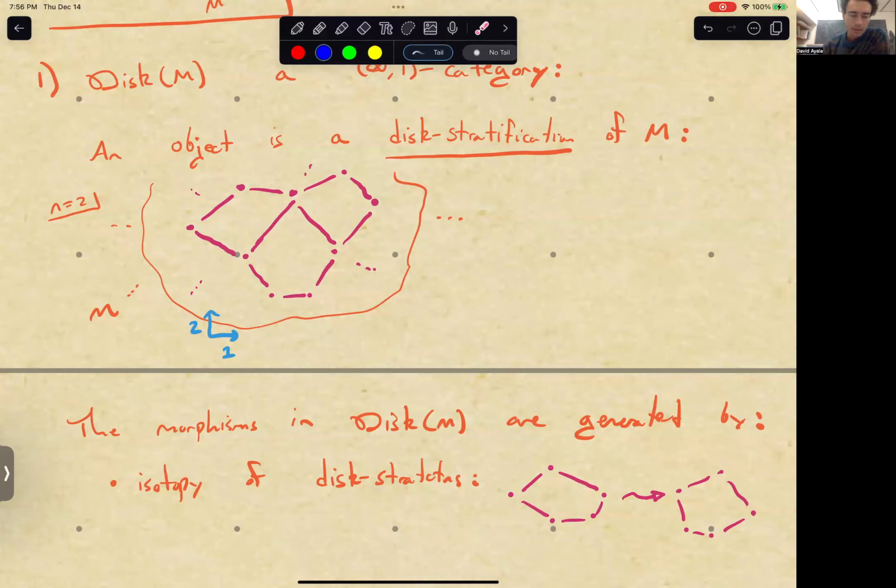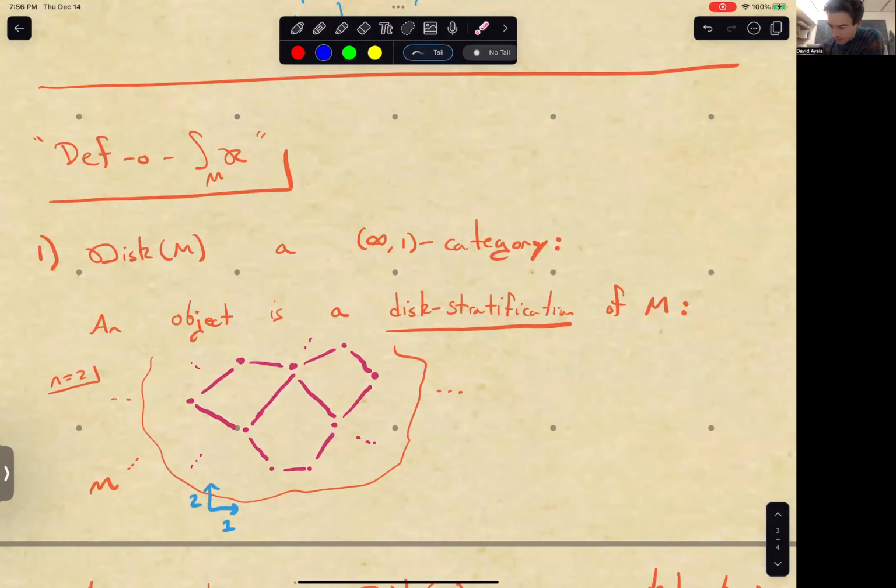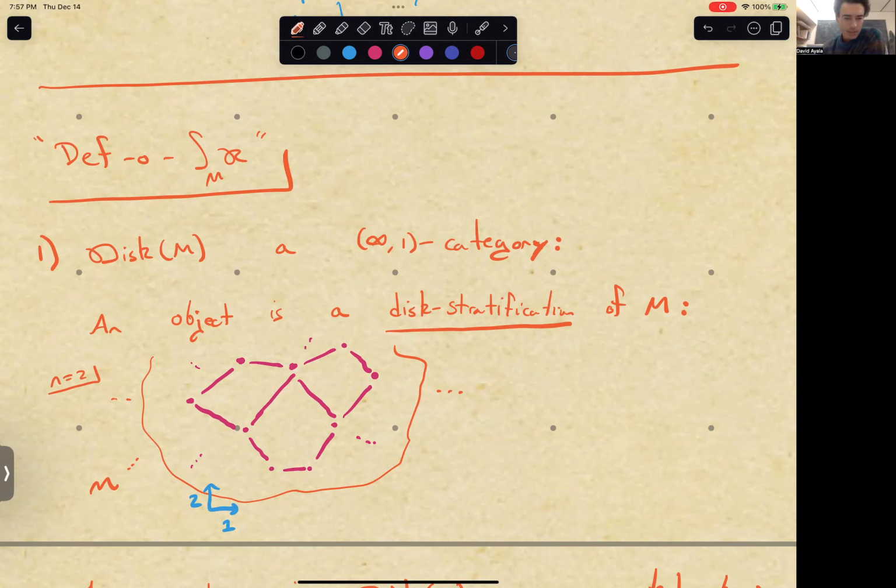And we prove that given a stack on stratified spaces, one can construct an infinity category from it, which is essentially the exit path category of that stack. But anyway, it captures this intuition. So I'm still answering your question. Okay, so this is a first step: what is disk of M? Again, it's a whole infinity category in which an object is essentially a triangulation of M. That's a point in this category.